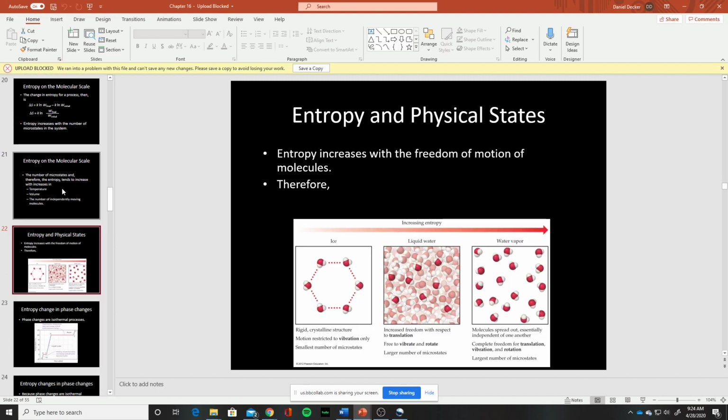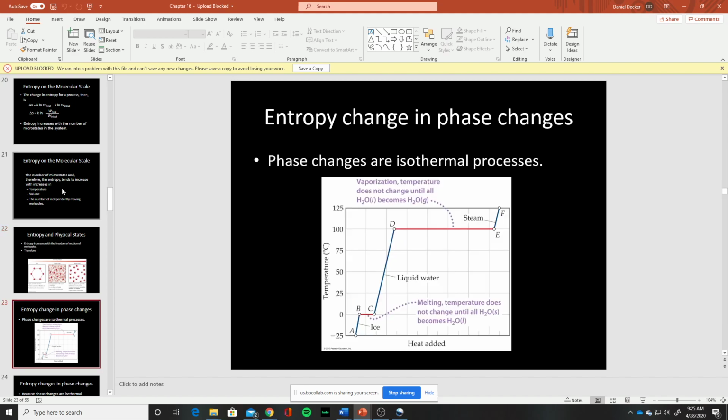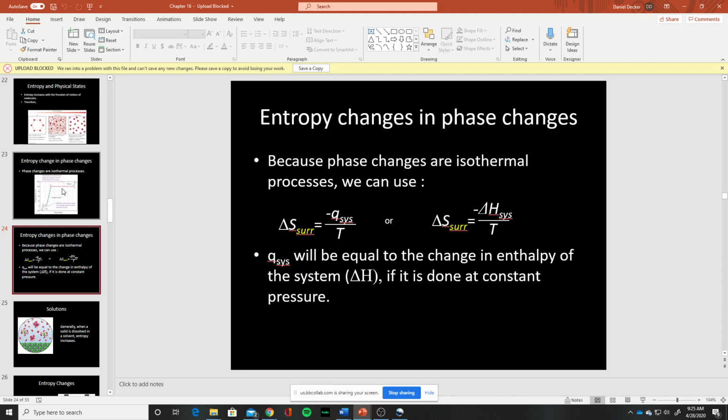And so we talk about that a good bit here. So again, the things that give it more entropy: larger molecules tend to have more entropy. Gases have more entropy than liquids, and liquids have more entropy than solids. So just understanding those basic trends of one thing having more entropy than another, and being able to identify those.